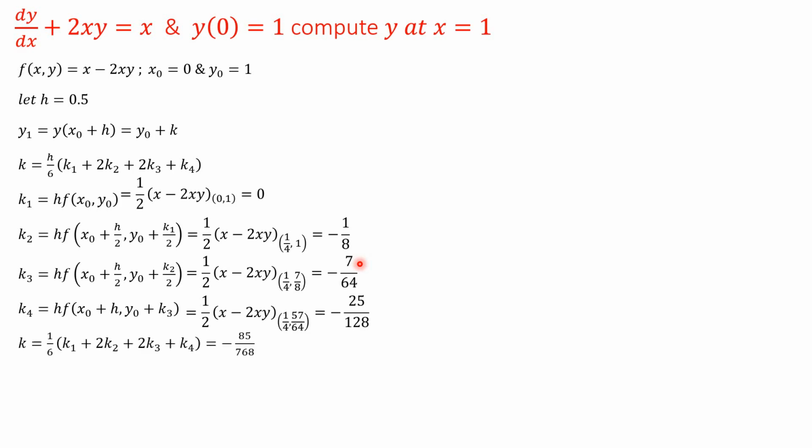Then k will be minus 85/768, and therefore y1 will be 1 minus 85/768, which gives us 683/768. So y1, that is y at x equal to 0.5, is 0.8893 and so on.